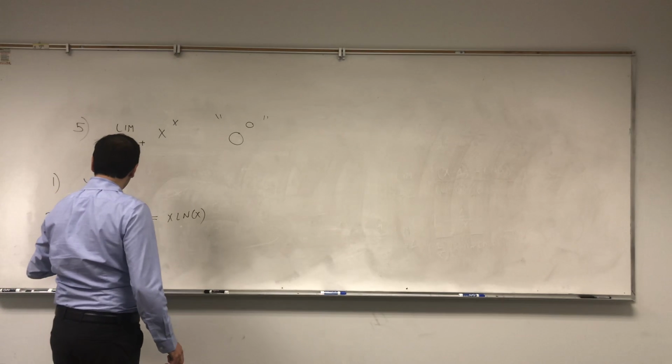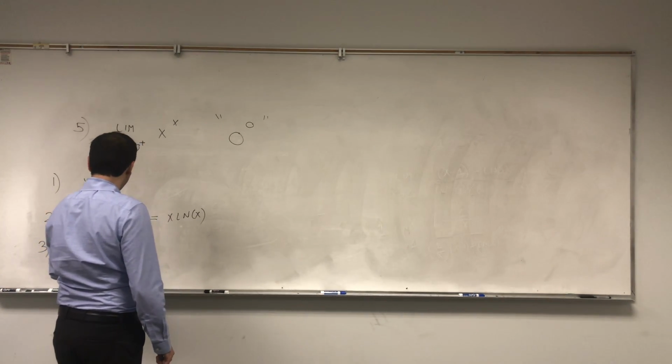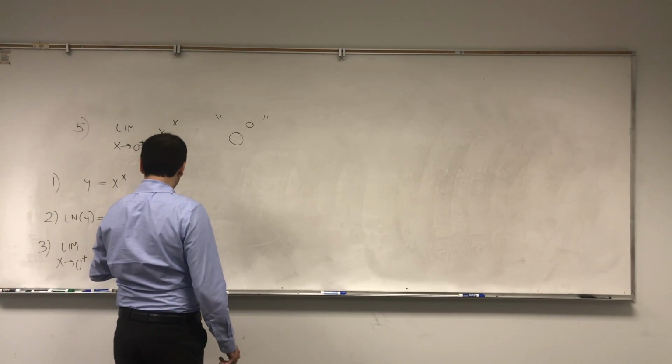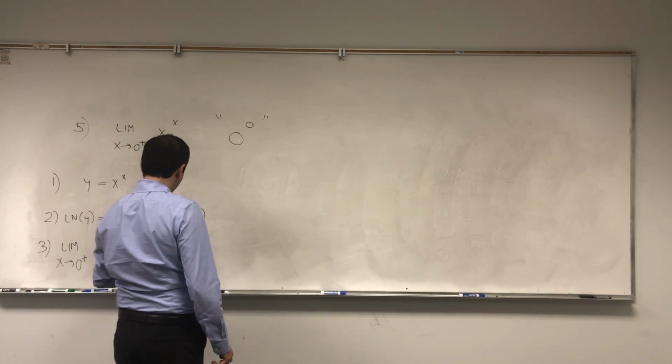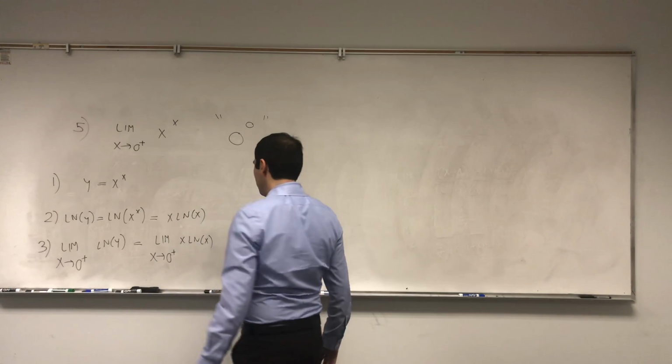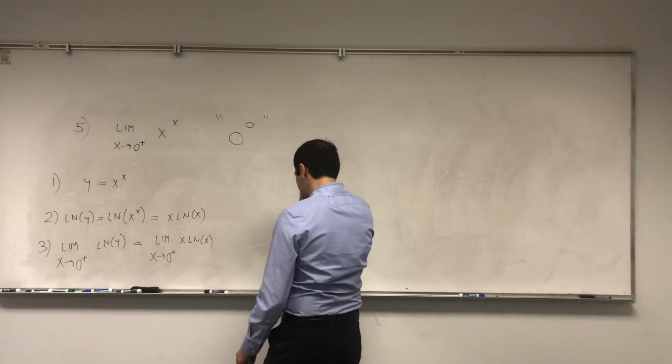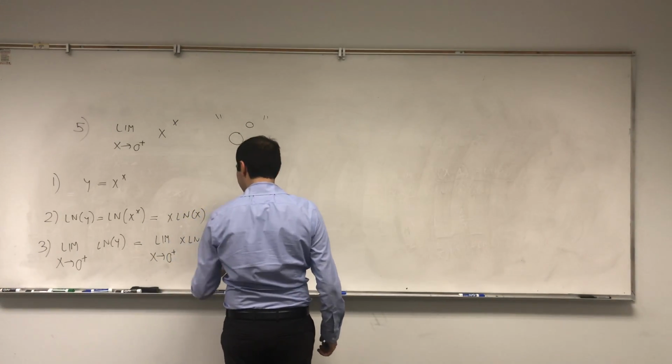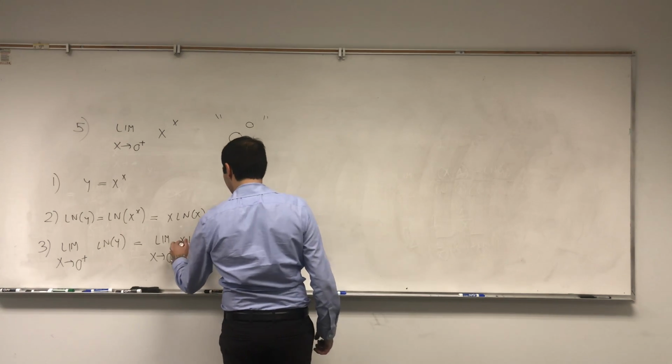Let's figure out what happens to ln of y as x goes to 0 plus. So that's the limit as x goes to 0 plus of x ln of x, which I believe I've already done. If you look at the previous example, this just becomes 0.